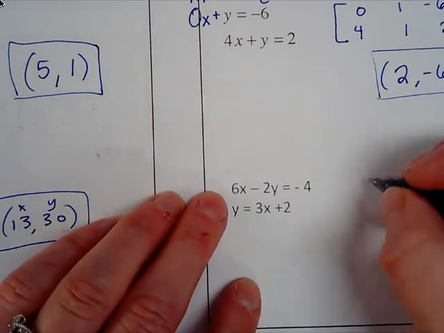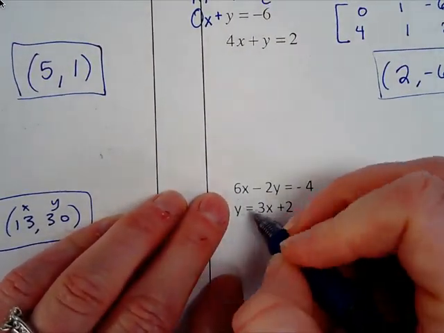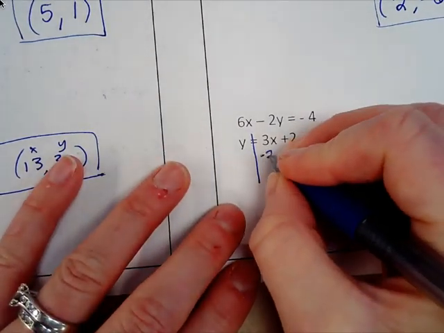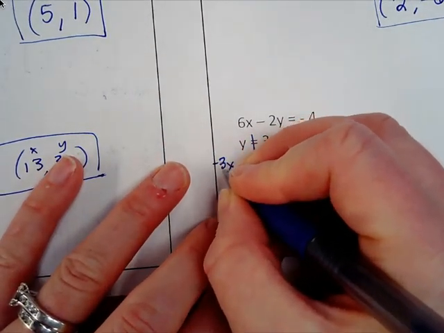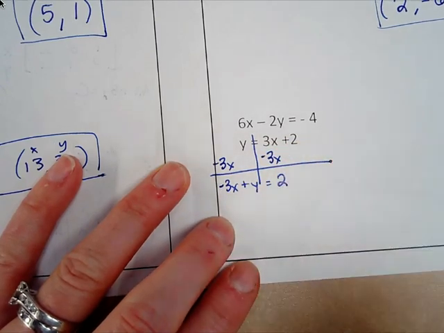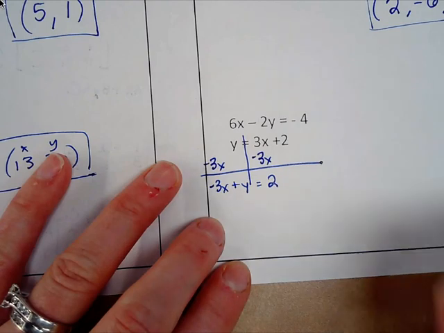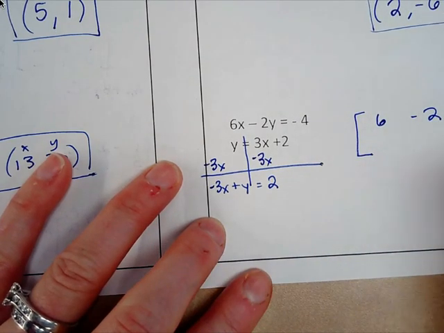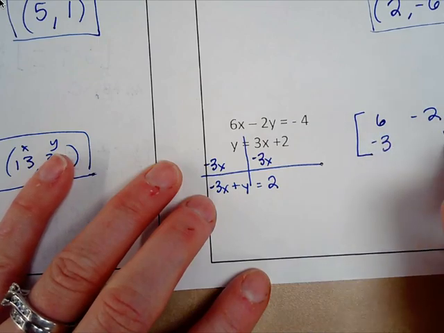All right, last one. First one is fine. It's the second one that's not. Subtract 3x on both sides. So then we have 6, -2, -4, -3, 1, 2.